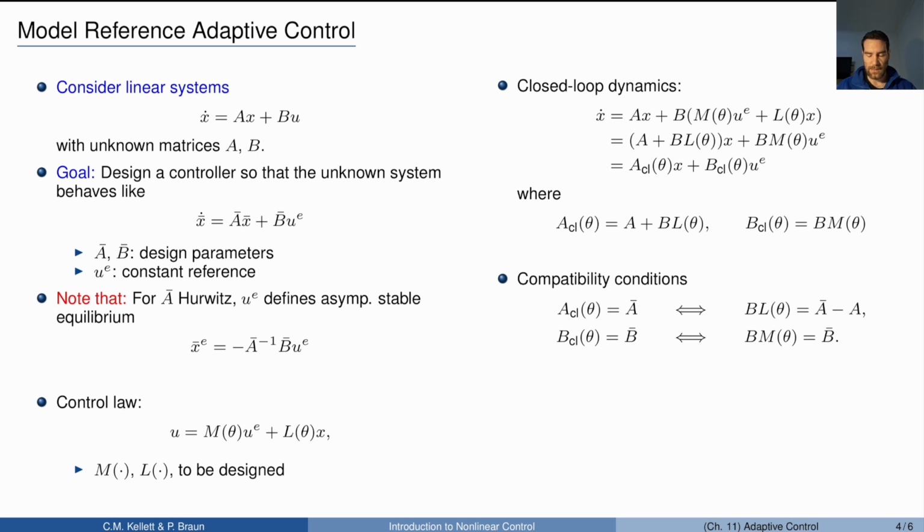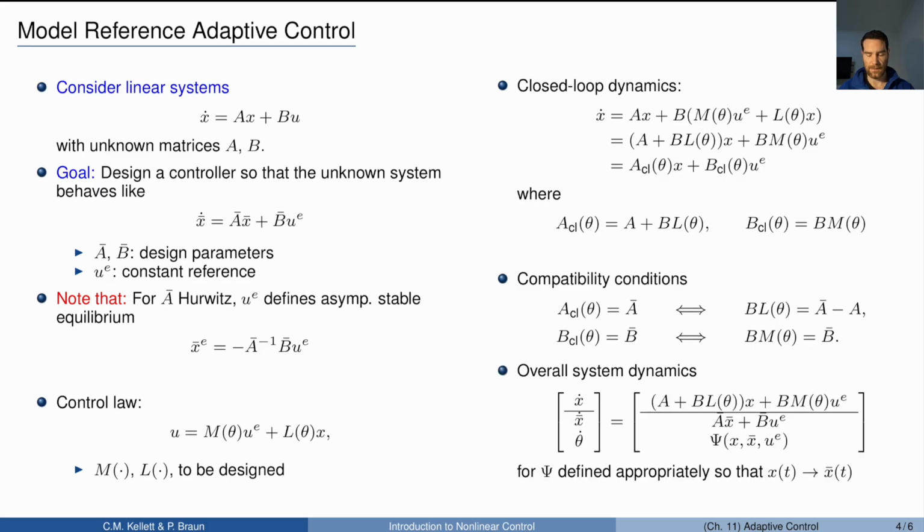But if that is satisfied, then we can again analyze the overall dynamical system, now written in terms of the actual state of the plant and the dynamics of our controller, where we want our system to behave in that particular way.